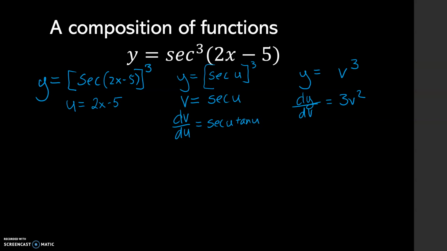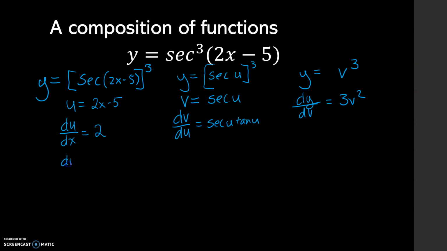So we're getting close. If I multiply dy over dv times dv over du, I'm going to get dy over du, but I wanted dy over dx, so I need to take the derivative of u. So du/dx is equal to 2.